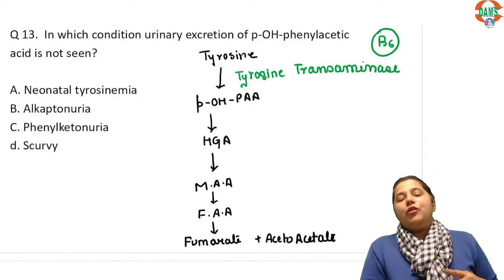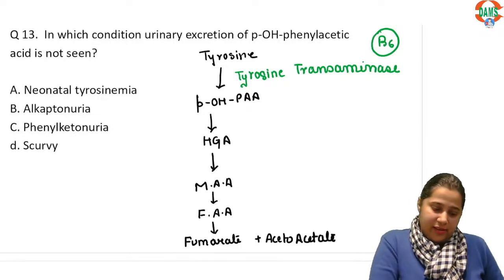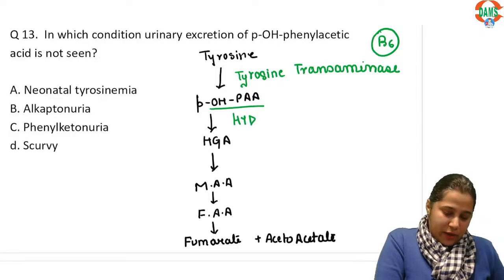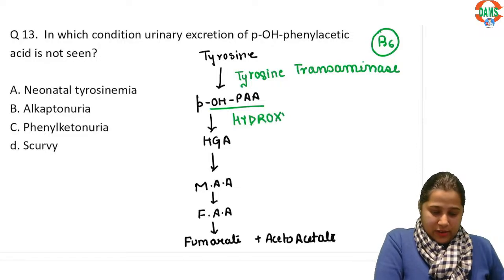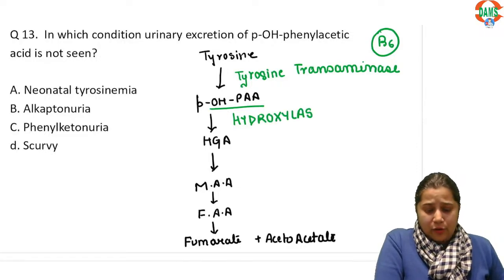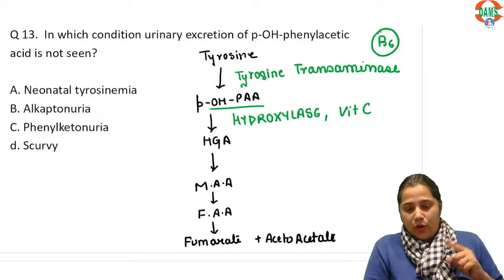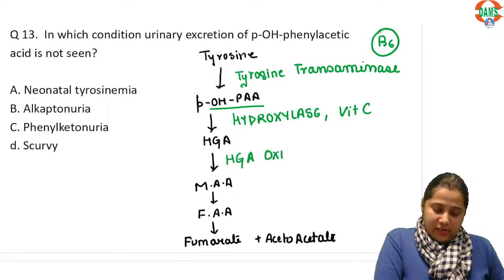The para-hydroxyphenylpyruvic acid is converted to homogentisic acid by the enzyme para-hydroxyphenylpyruvate hydroxylase. This hydroxylase requires vitamin C.